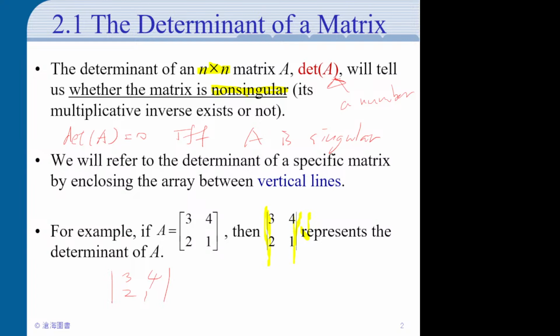But anyway, for 2 by 2, we just think about this 3 times 1 and 2 times 4. So this is 3 times 1 minus 2 times 4, equal to 3 minus 8, equal to minus 5.